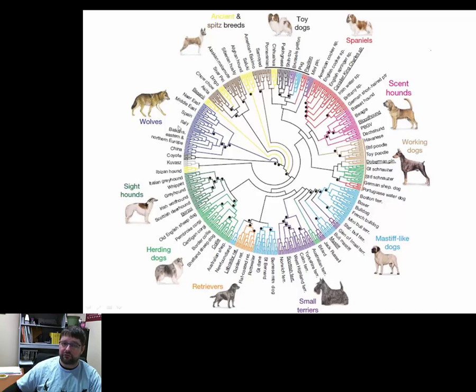So there's quite a bit of variety of wolves, but they did give rise to kind of all modern dogs. And so this is a much more complex phylogenetic tree that's basically looking at all the breeds of dogs that we have in the world today and how they are related back to wolves.